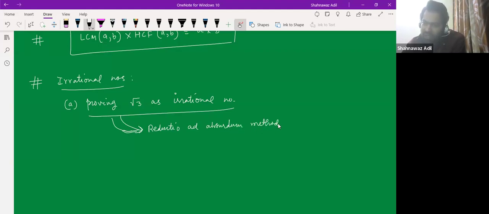But commonly, it is called the contradiction method. Yes, this word is the technical term I was forgetting. Right, the contradiction method.